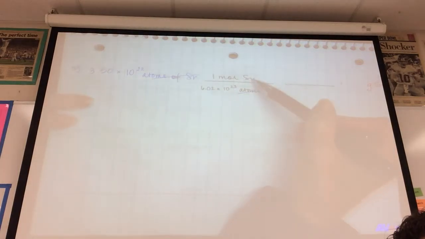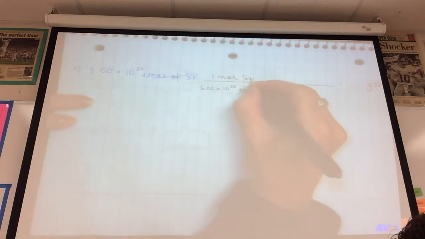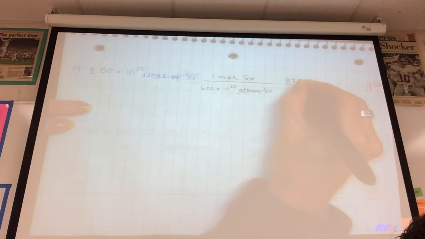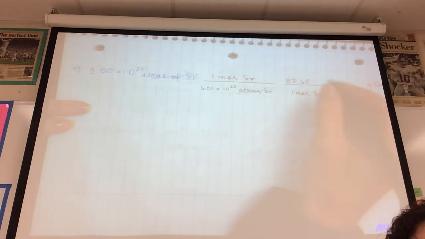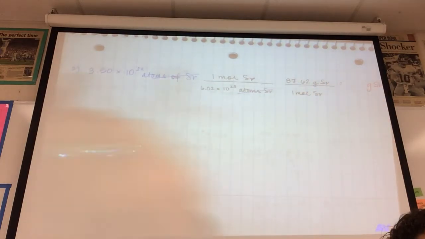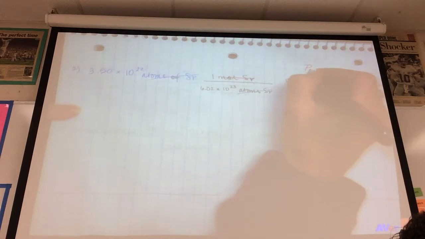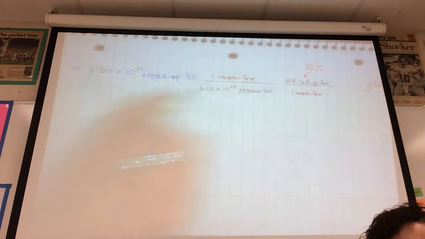Now you're going from moles to grams, and this is what we just did. 1 mole of anything is equal to the molar mass. Yeah. Off the periodic table. So again, the grams is coming off the periodic table.